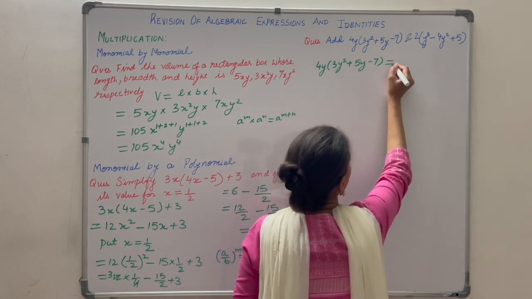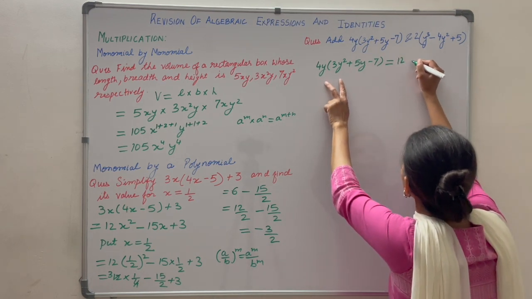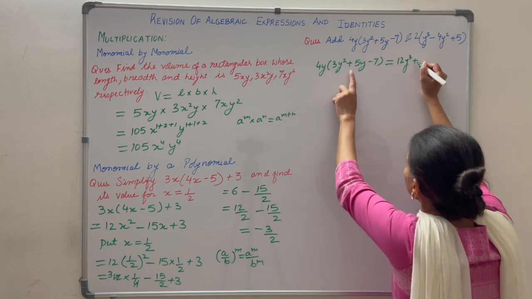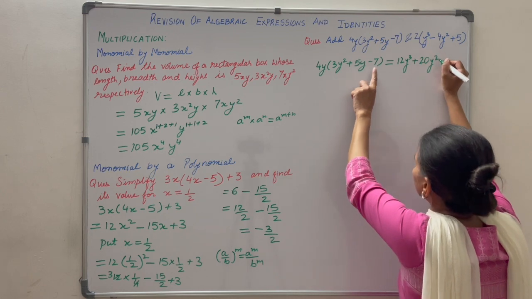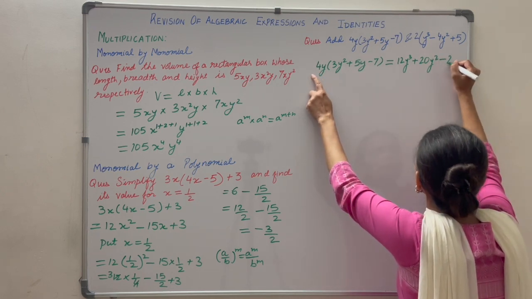So this is equal to 4 into 3 is 12, y into y square is y cube, plus 5 into 4 is 20, y into y is y square, plus into minus is minus, 7 into 4 is 28y.